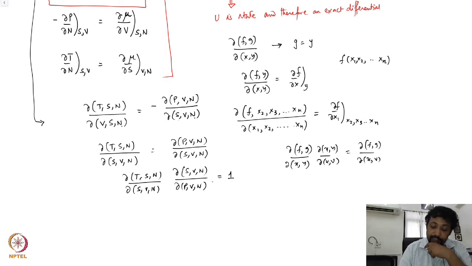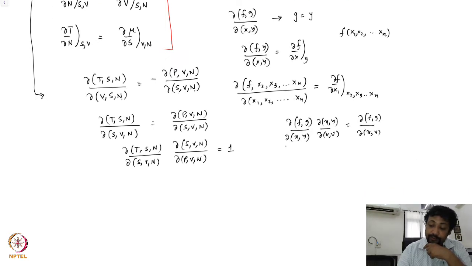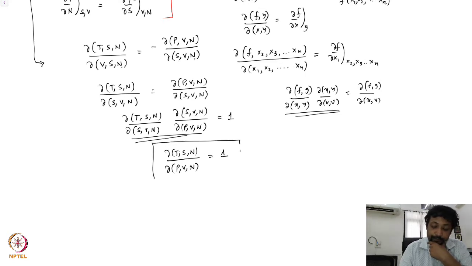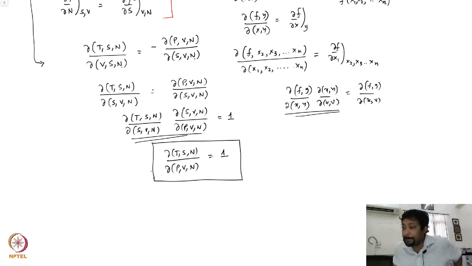But this equation is particularly cast in this way. If you look at the left hand side and compare this part, you will see that it's exactly done in that way, and therefore I can write it down del of T,S comma N, del of P,V, N is equal to 1. Right? So this is my first Maxwell's relation.